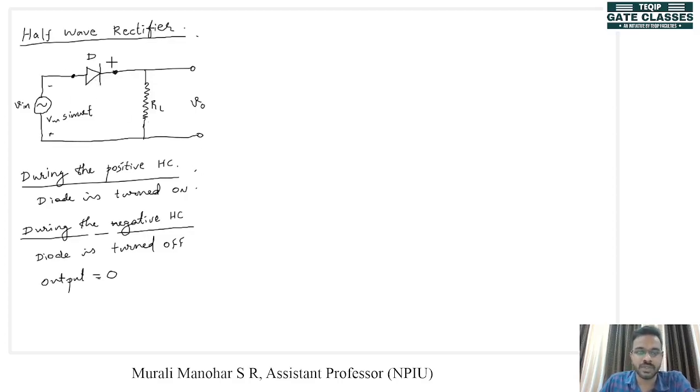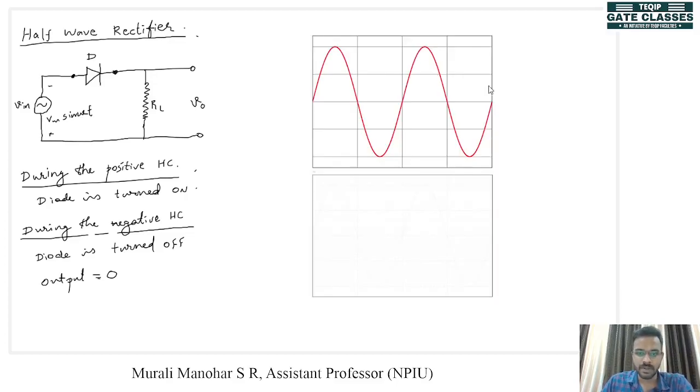And in this case also, we have assumed that our diode is ideal. So we can see the output waveforms. This is our input sine wave. Now the output will be, during the positive half cycle, we will get the entire input voltage at the output.